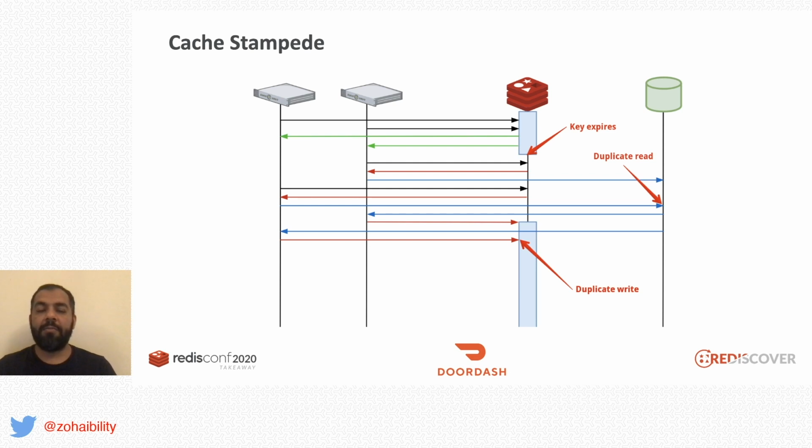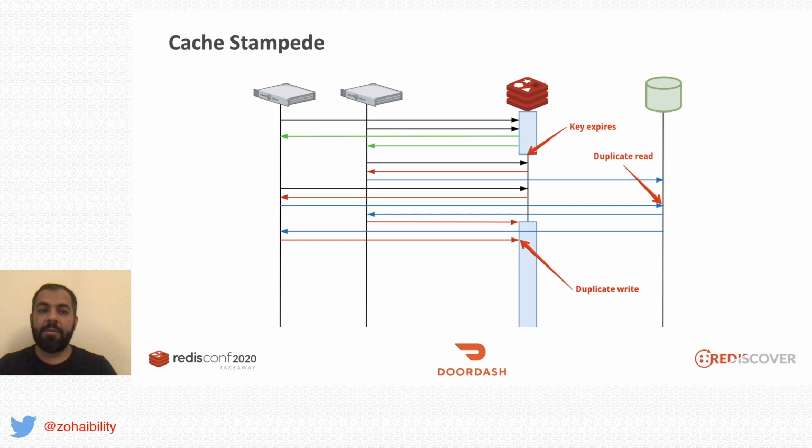Now, when a request comes in, in the initial part, the two requests are directly served off from Redis. That's where you see those green arrows. We were able to serve the request directly from Redis perfectly fine.